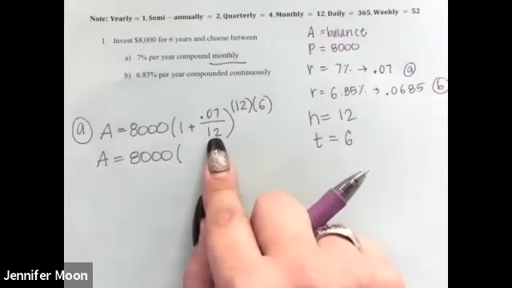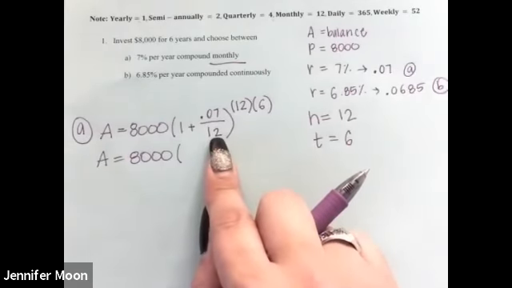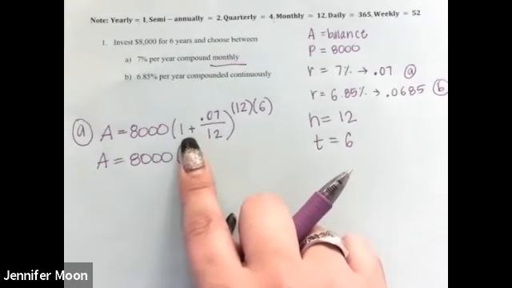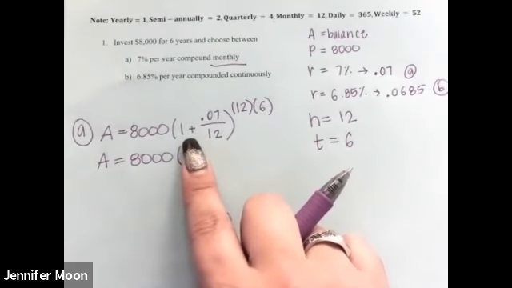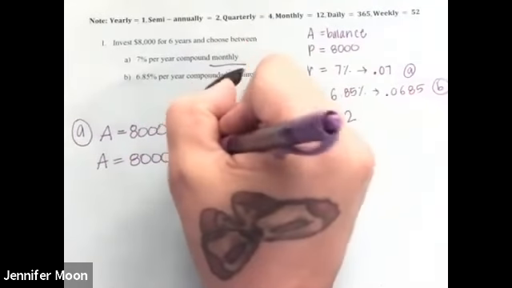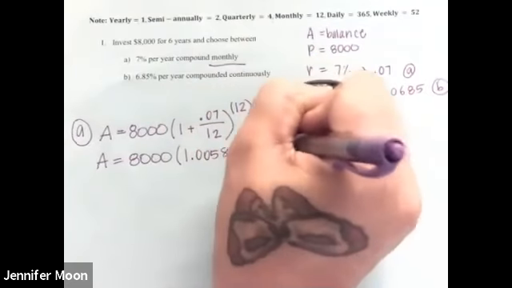0.07 divided by 12. Hit enter, get your answer. If you want to write it, you can. Don't round. You don't round until the very end, right? I get 0.005833333. That's a bunch of numbers, right? I know that this is going to be added to 1. So I'm going to go ahead and do plus 1. This is what I can go ahead and write. And it's 1.0058, 1, 2, 3, 4, 5 3s.